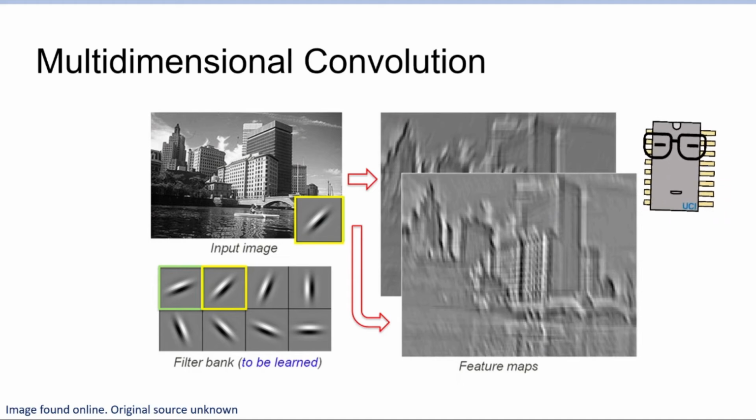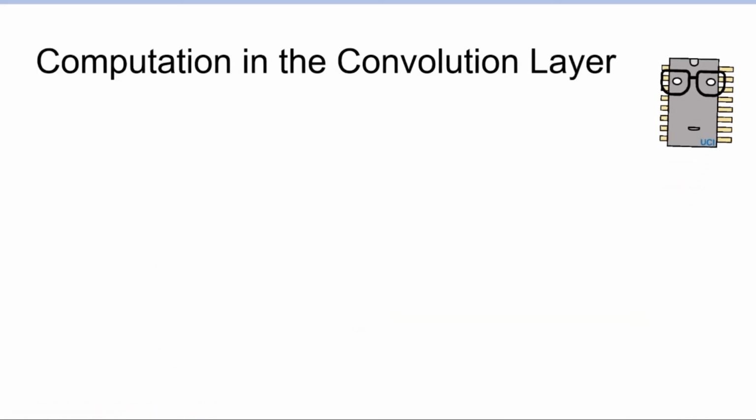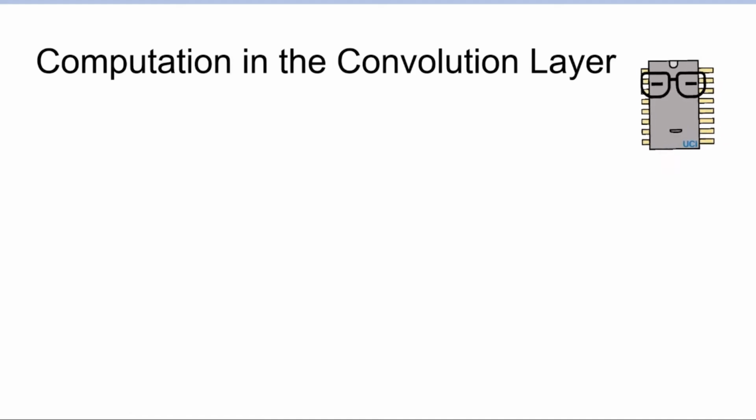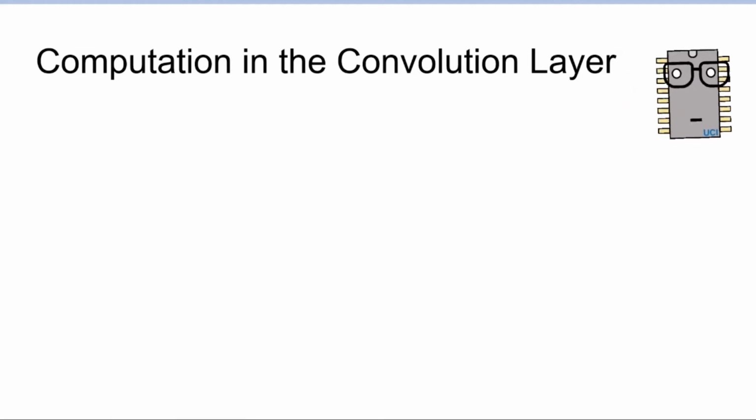The next layer could be another convolution layer. It could be a fully connected layer. And the computation that is actually being done, at least in the convolution layer, is again very conceptually simple, although the simple conceptual computation represents a lot of computation. It looks like this.